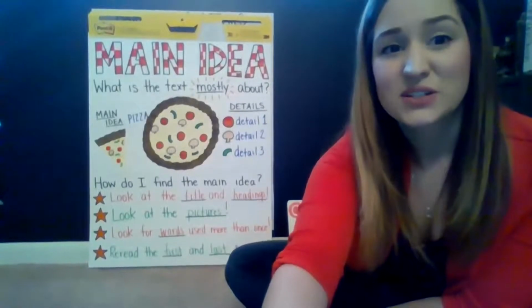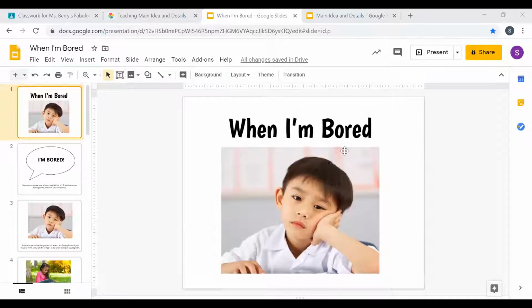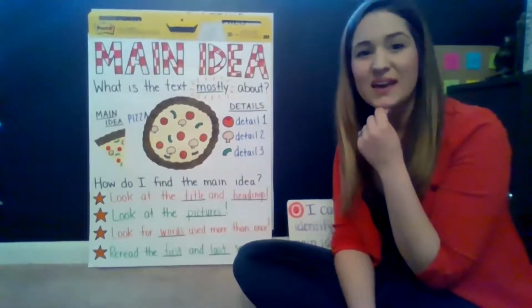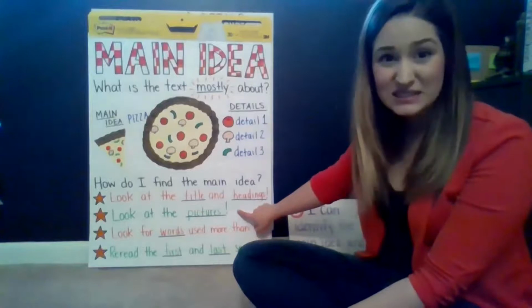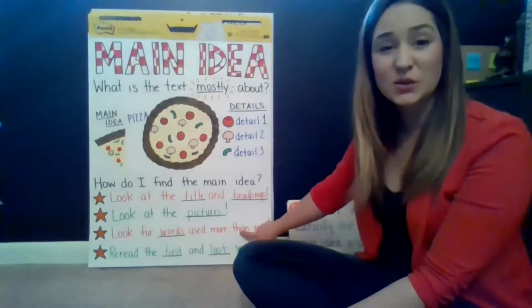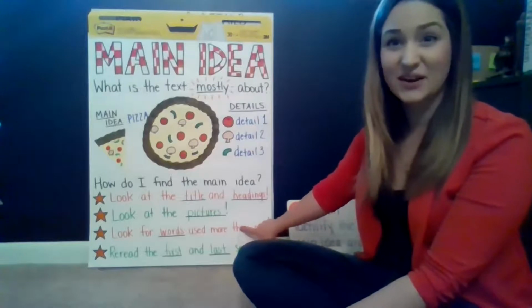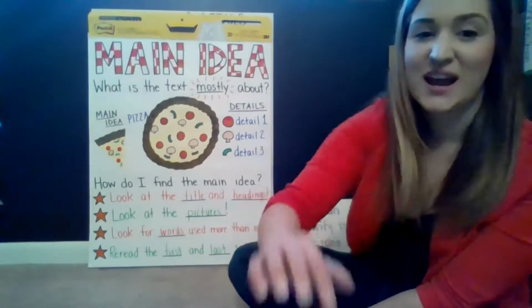And the title of our story was When I'm Bored. I wonder if that could have something to do with it. When I'm bored. Okay, then it says to look at the pictures and to look for words that are used more than once. So let's go back and look at all of the pictures together. Are you ready? Great, here we go.